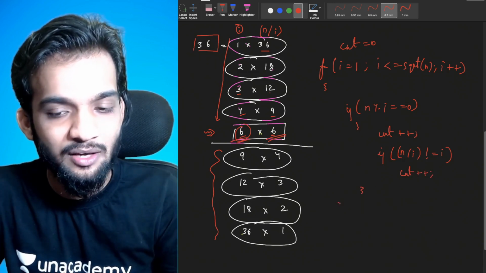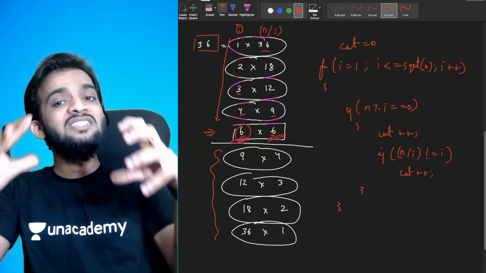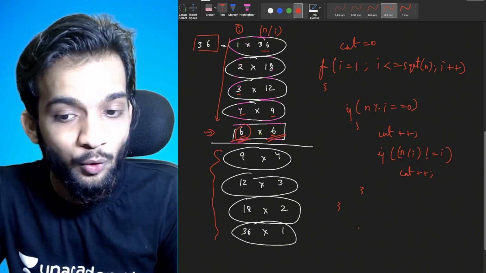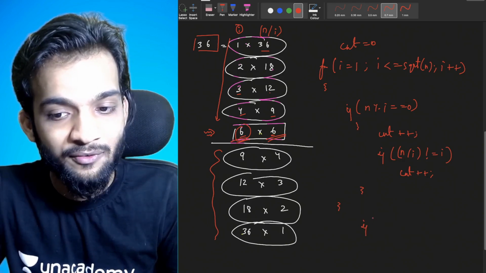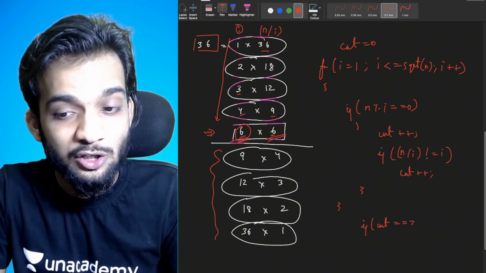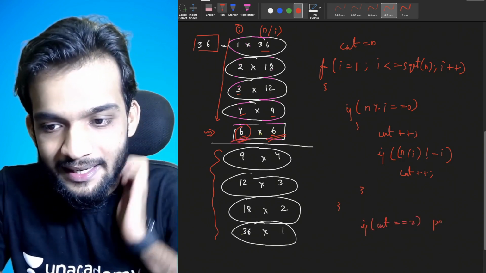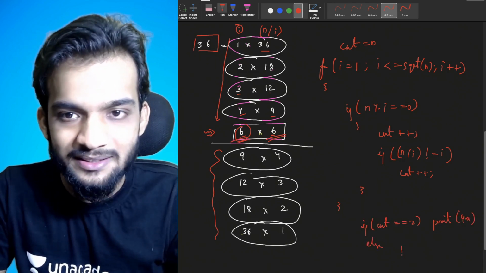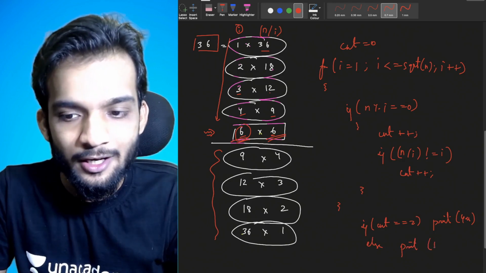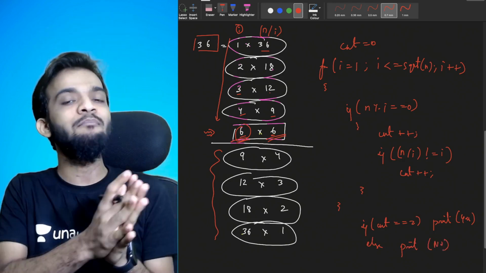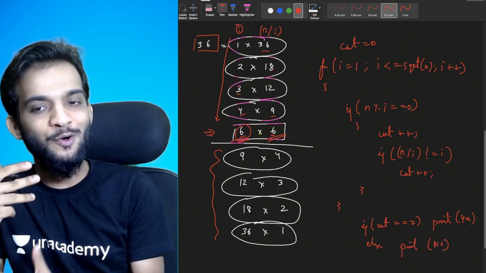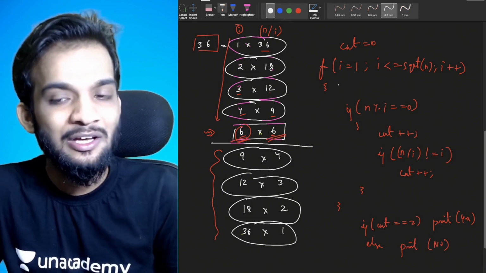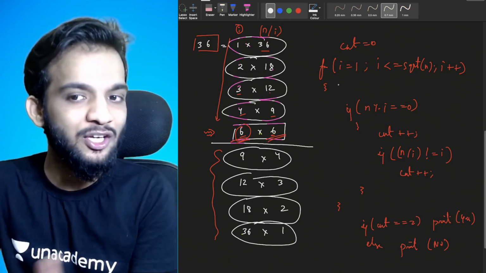Once you have written this entire piece of code, if counter's value is equal to 2, then I can say that it's a prime number, or else you can say that this is not a prime number, correct? So how much is the iteration that you have reduced? Previously it was big O of n iterations.